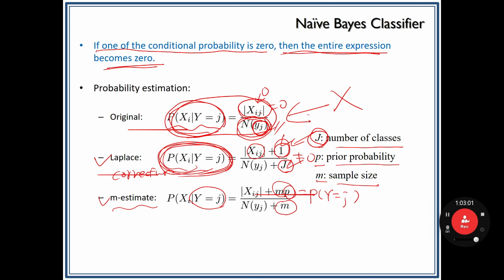For example, if we have 100 observations in our training sample, then we add 100 here, and if there are 30 rows in there, then we add 30 to the numerator part.